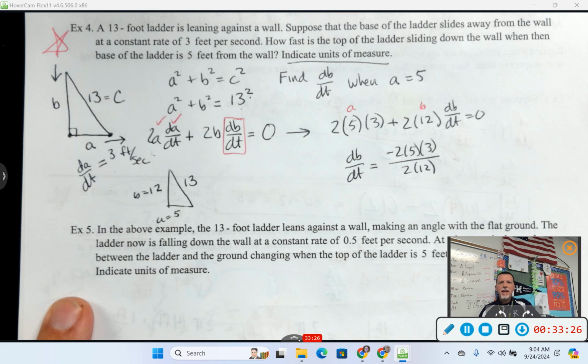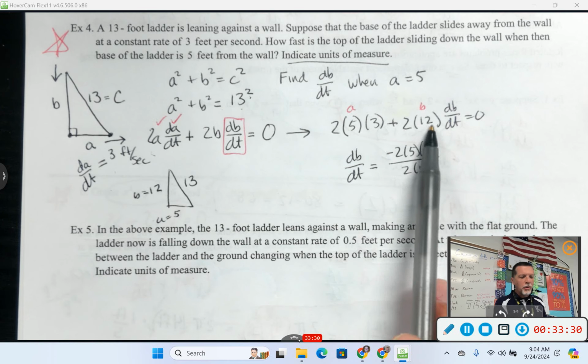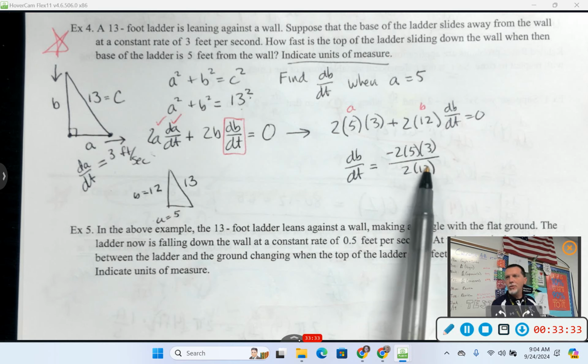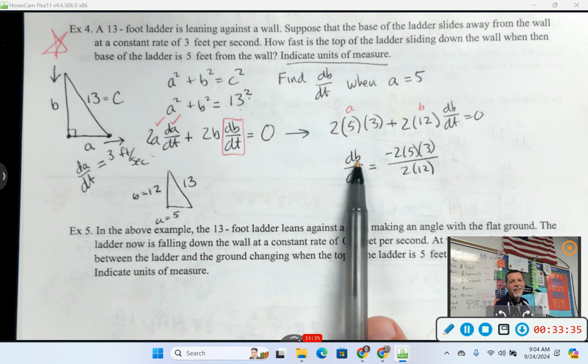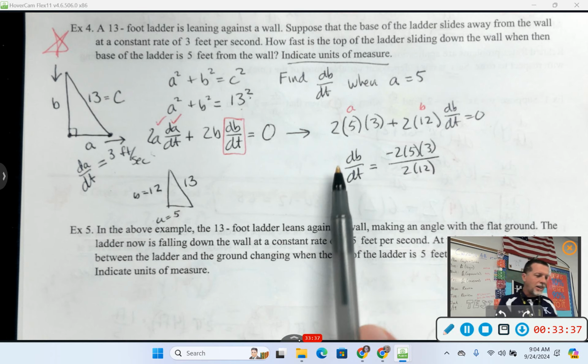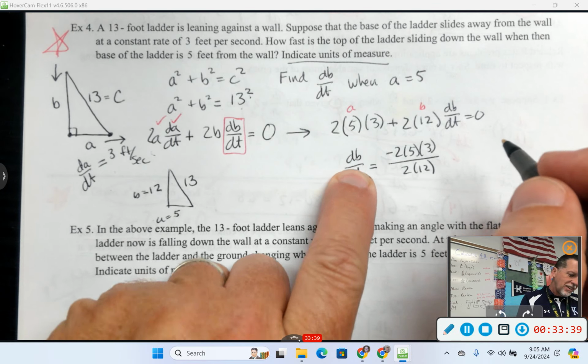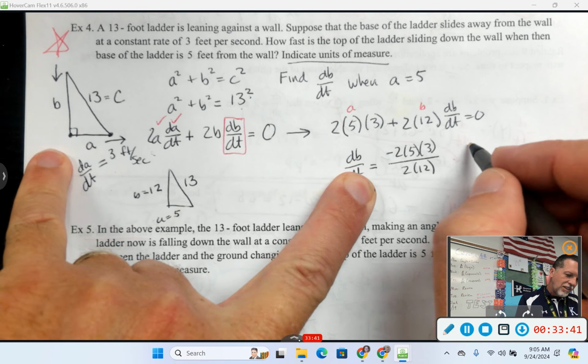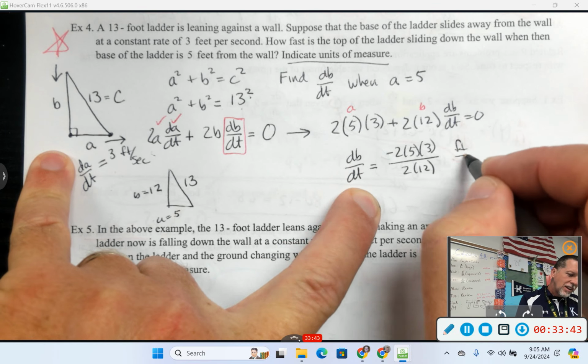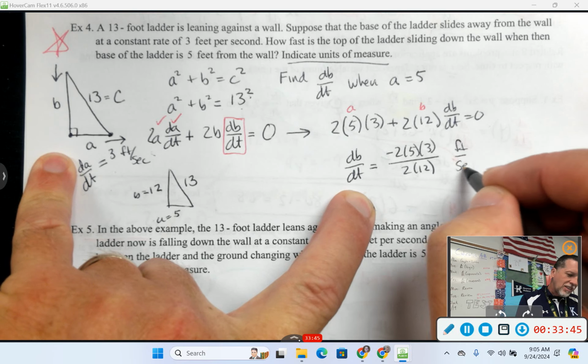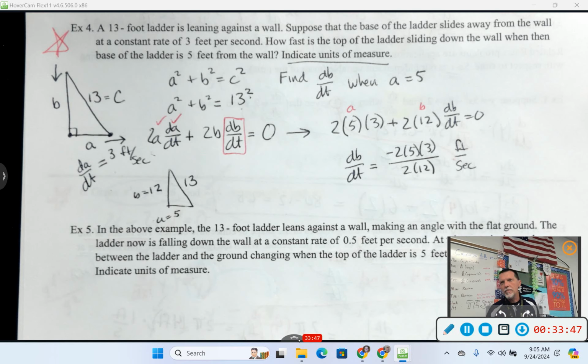It does say indicate units of measure. So I could put all the units in there and then do some unit algebra, but I don't really want to do that. I'd rather just look at dB dt. What is B measured in? Feet. And what is T measured in? Seconds. So feet per second. That makes sense.